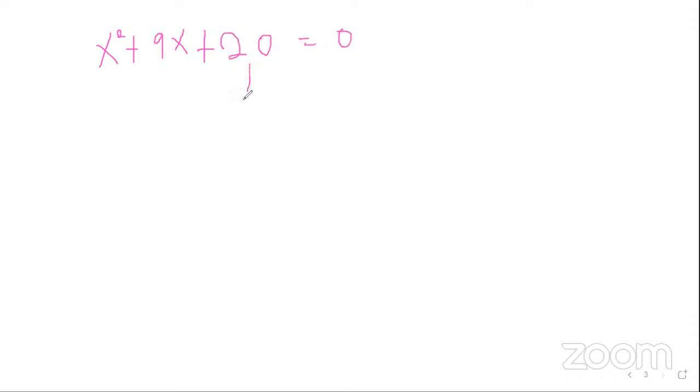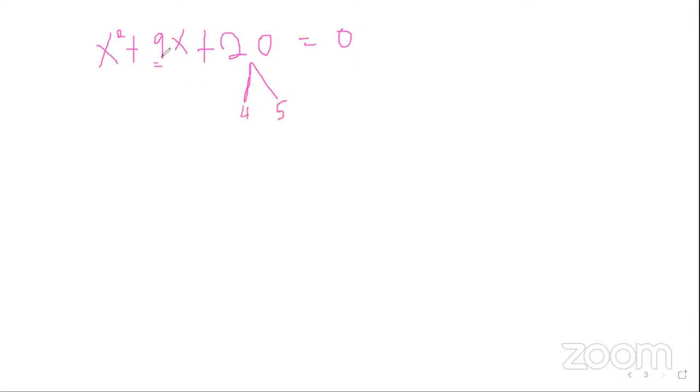We are going to get two numbers that we multiply to get 20, and when we add them, we get 9. 4 and 5. The information has been put in the chat.